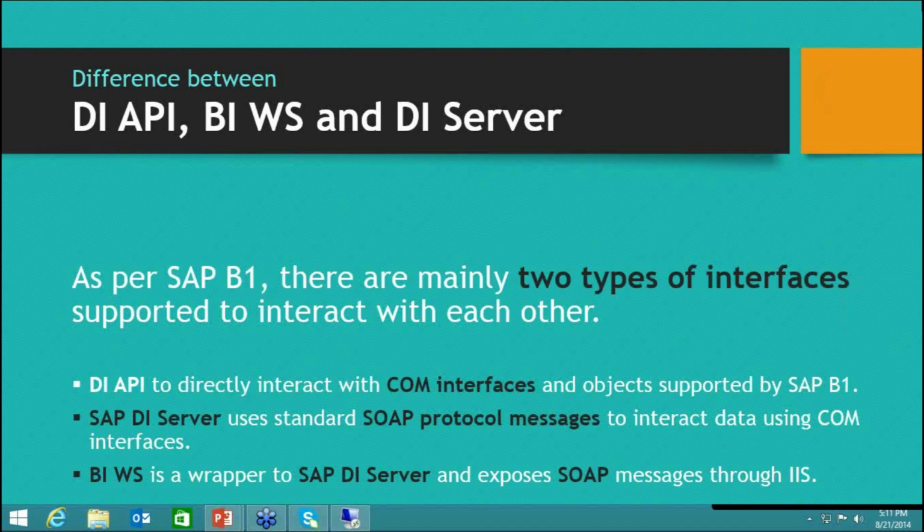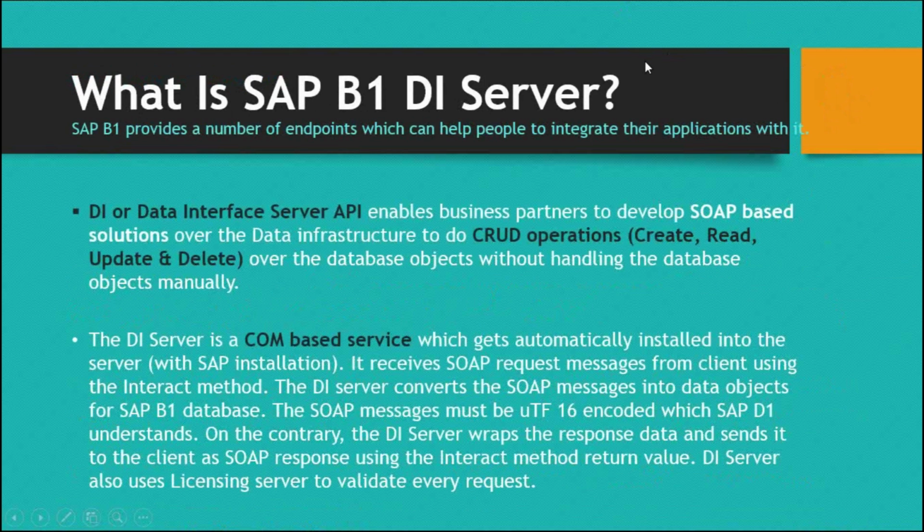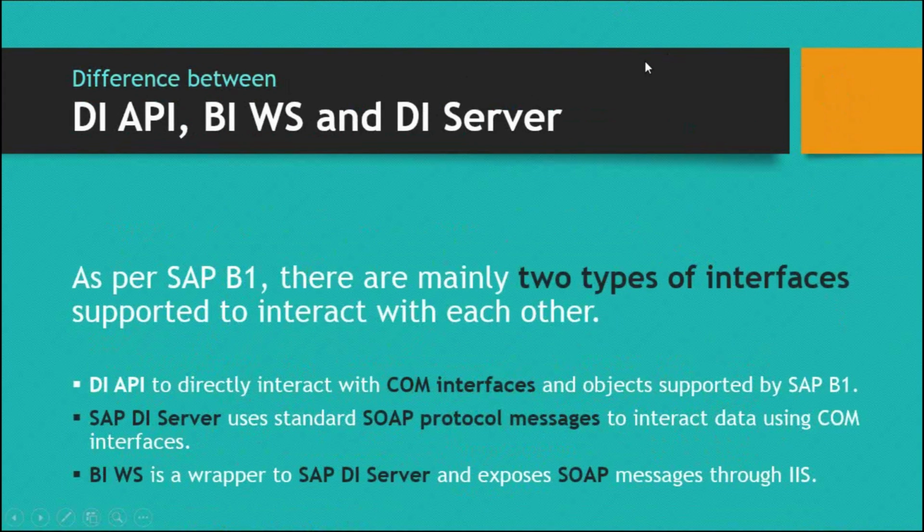In that case, you can host your data to an IIS using the B1WS interfaces, and those interfaces will be available from anywhere. So B1WS is just a wrapper to the DI server API, and gives you a chance to connect to your SAP business system from outside your local box.